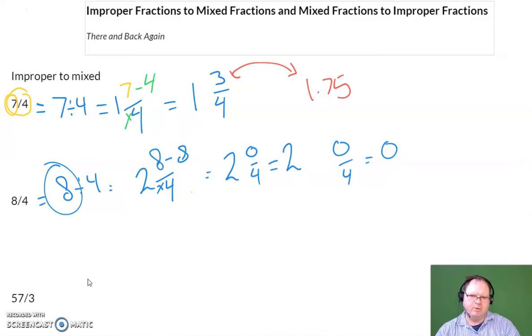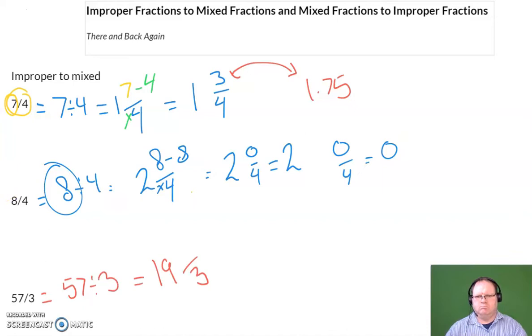And one more big one. So 57 over 3, that's the same thing as 57 divided by 3. 57 divided by 3 ends up being 19, which is this part here. And then the denominator, the bottom part, doesn't change, as I've said before.